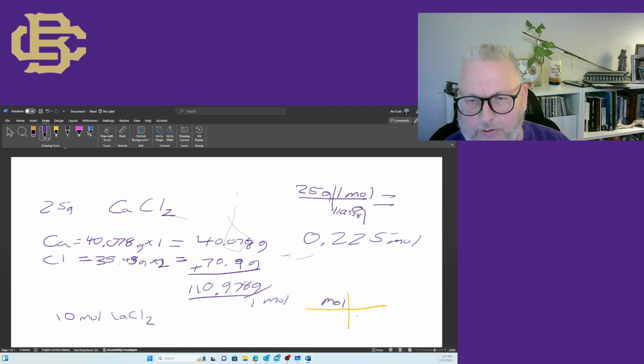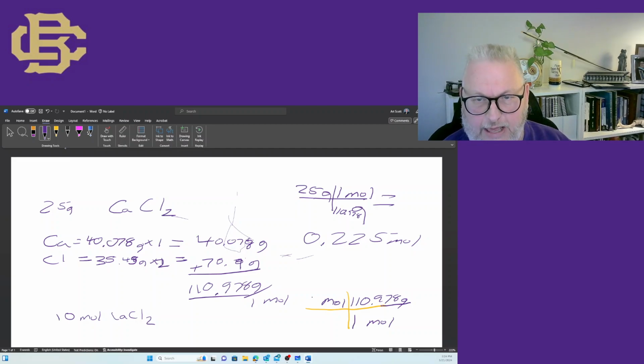Now, I'm going to put 1 mole here. Now, there's 110.978 grams for every 1 mole. So my grams go on top because 1 mole has 110.978 grams. Or there's 110.978 grams in 1 mole. It's called a ratio. The molar ratio, the molar mass, whatever you want to call it.